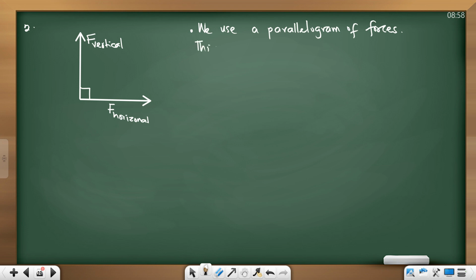This is done by drawing, I'm going to use a word that we used in grade 10, equal forces or vectors. I'm going to ask you to define equal forces or vectors for me now.